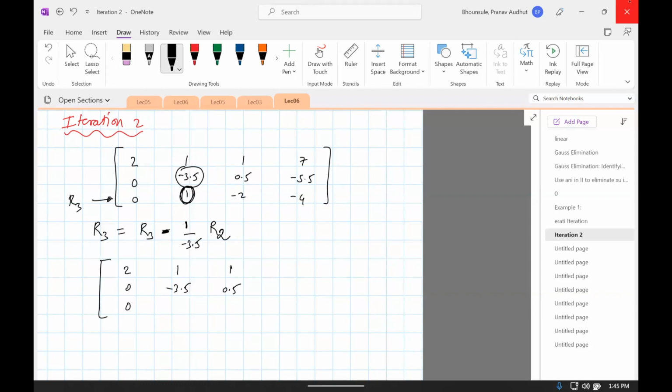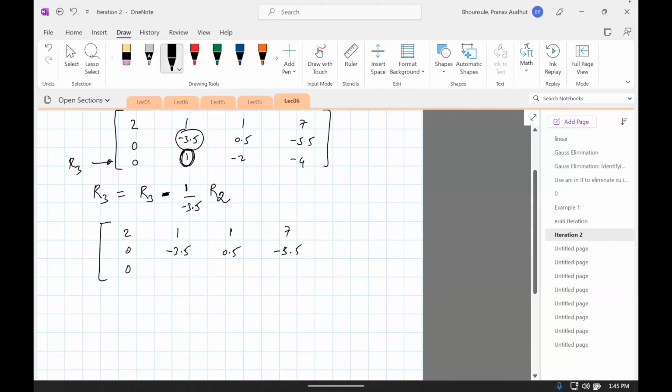The first two rows remain unchanged. So now this one would be 1 minus 3.5 times 3.5. That's pretty much a 0, right?